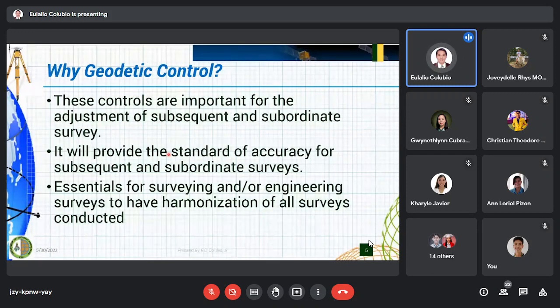Okay, so that's why there's a proposal to migrate from the existing PRS-92 system into a geocentric system with worldwide coverage, meaning all throughout the Earth there's only one coordinate system that we will use.